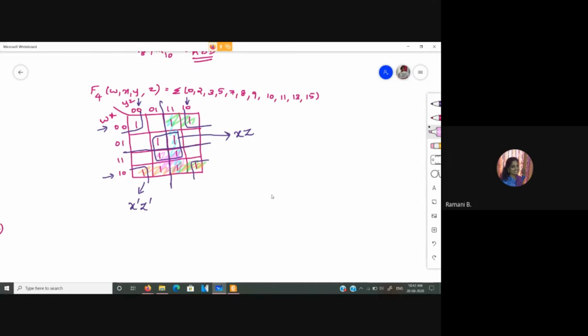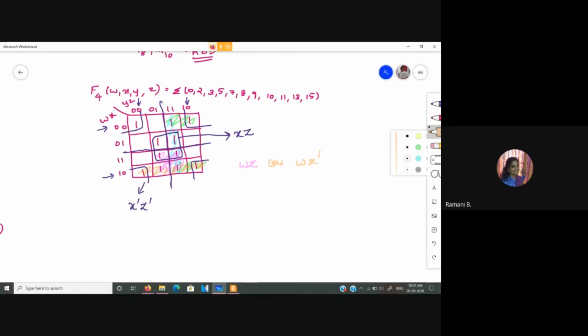So actually we have multiple options. The pink highlighted one has w equal to 1 in both of it. So w, and x is 0 and 1, so we leave it out. And here y is 0 and 1, z is equal to 1. So the pink highlighted one has the expression wz, and the orange highlighted expression is wx bar.